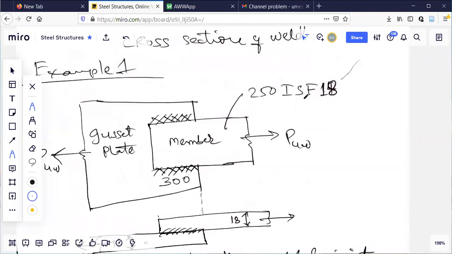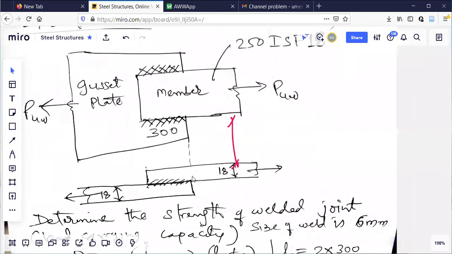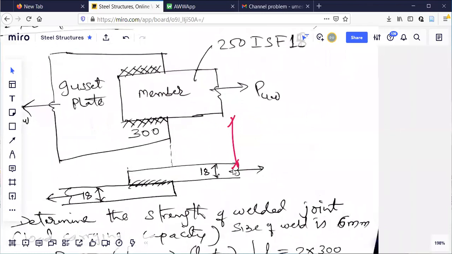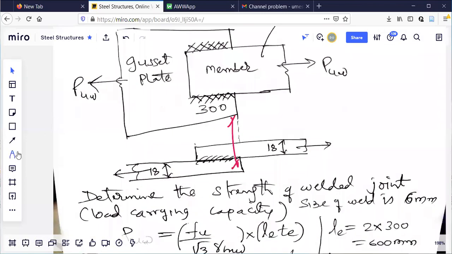Flat means a simple solid plate. So 250 ISF 18 means this distance is 250, and 18 is the thickness, which you can see in the elevation. See this elevation, thickness is 18. So you should understand it like this.